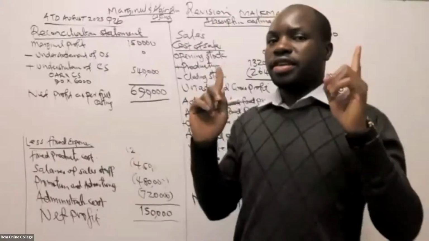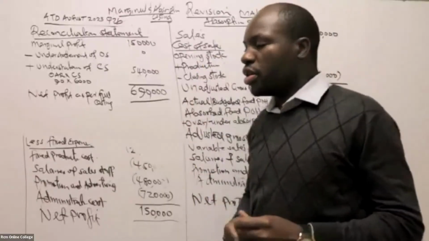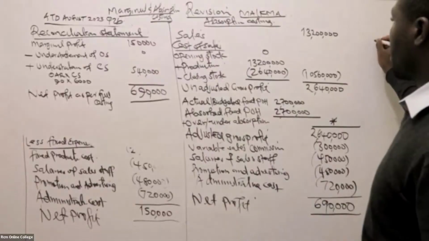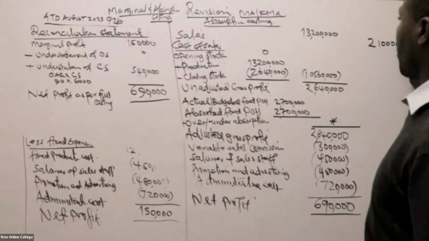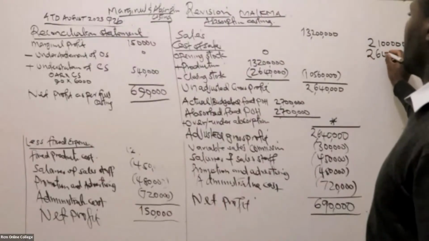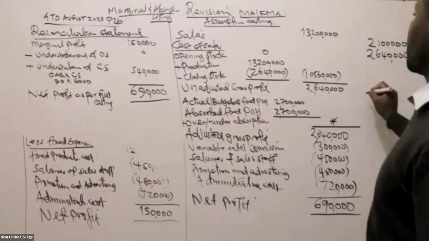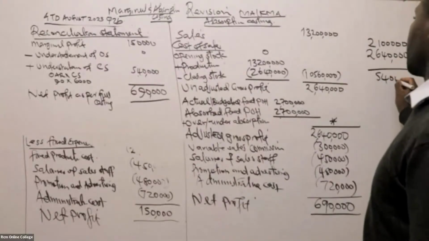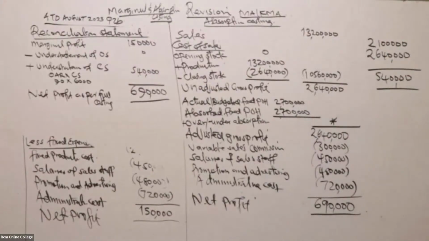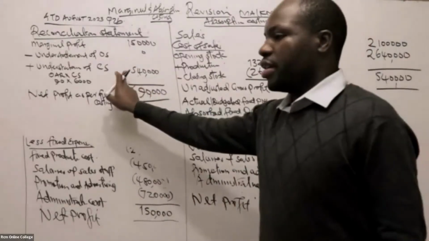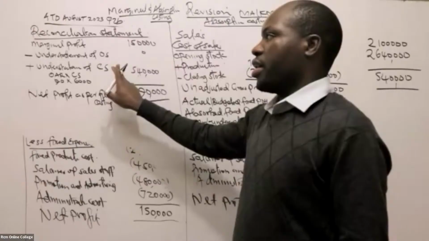Is it true that if you get the difference between the value of closing stock as per marginal and as per absorption costing, you are getting 540,000? Is that what you are getting? And that is what you're actually writing here.